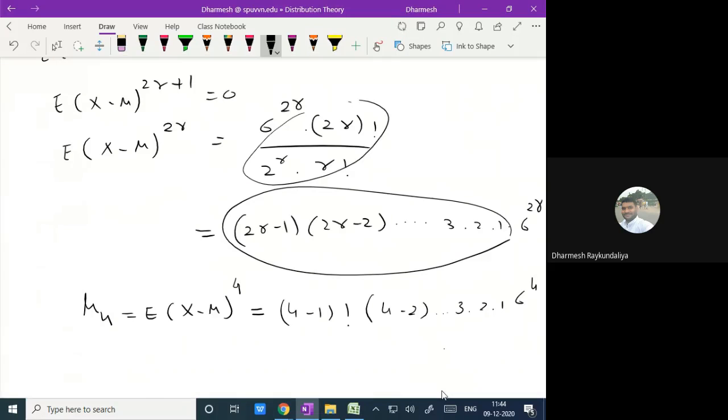So 4 minus 2, it is not factorial, it is 4 minus 2. Okay. So 4 minus 1, then 4 minus 2. That is 4 minus 1 is 3.